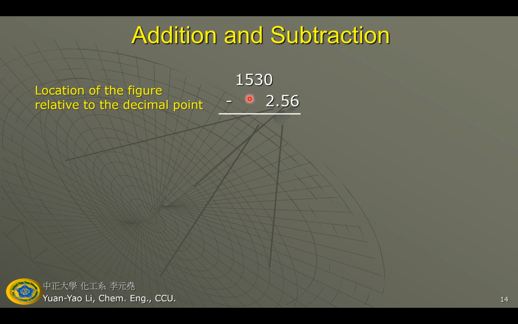Of course, you can do a simple calculation, and you get the answer 1527.44. Purely as a calculation, this is the correct answer. But if you consider the precision and significant figures using the concept of a balance, this 1430 has its last significant digit farthest to the left, right?